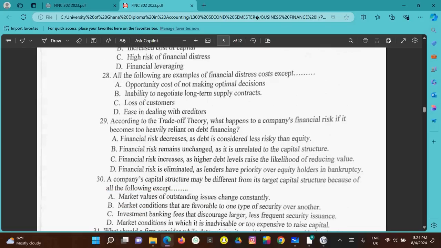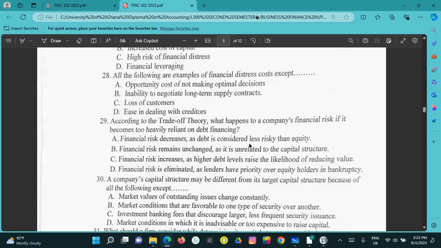According to the trade-off theory, what happens to a company's financial risk if it becomes too heavily reliant on debt? For 29, the answer here is C: financial risk increases as the debt level rises, raising the likelihood of reducing value.